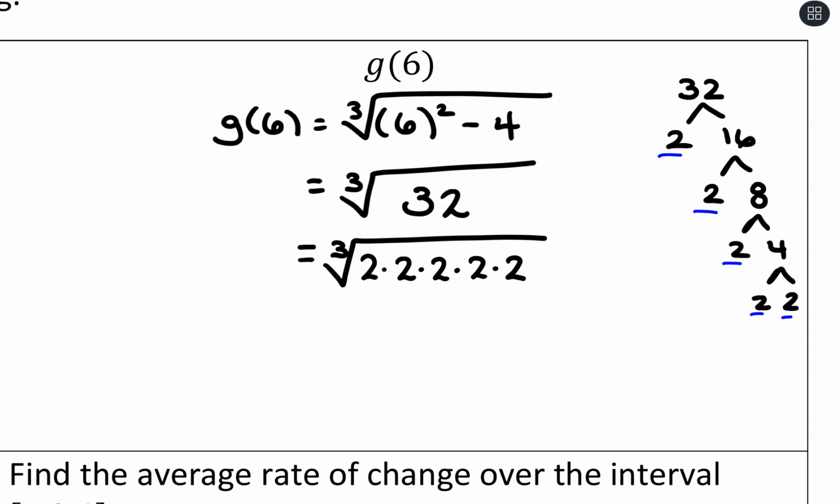And to get anything to come out of there, we need a grouping of 3 because it's a cube root. So what we can do is group 3 of these to bring a 2 out front, and then I'll have a cube root, and I still have a 2 times 2 trapped underneath. So those are stuck. So with that, we'll still have 4 underneath that cube root.